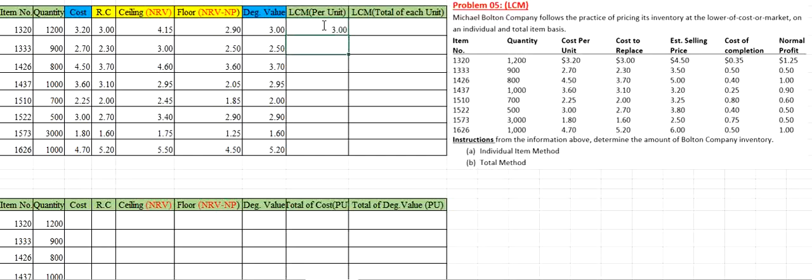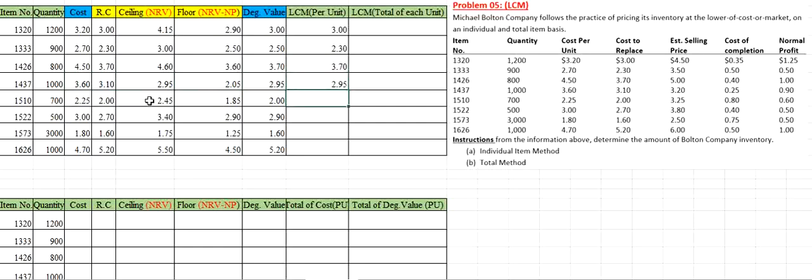Then our cost is 2.7 and designated value is 2.5. So the smallest value will be 2.3. Then we have 4.5 and 3.7. So 3.7 is the smallest value. We got 3.60 and 2.95. So 2.95 is the smallest value.